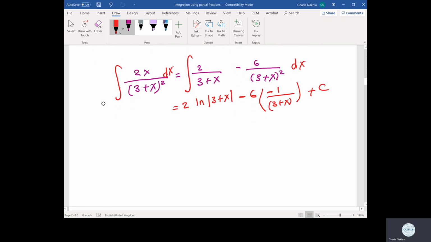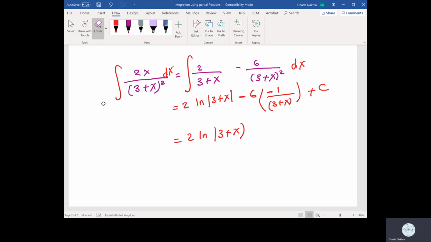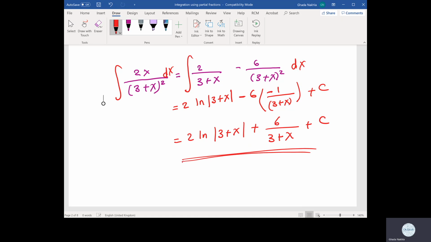Let's tidy it up. 2 ln mod of 3 plus x, minus is a plus 6 over 3 plus x, plus c, and that is my answer.